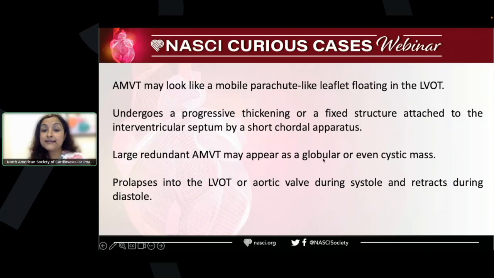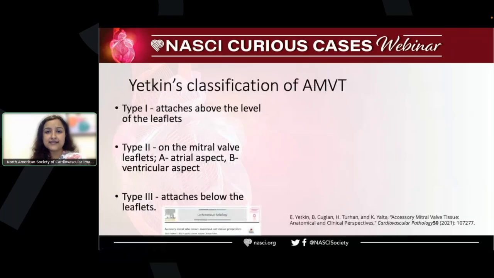It can appear as a globular or cystic mass if it becomes too redundant and enlarged. In those cases, it can be very difficult to differentiate this from a blood cyst, and it prolapses into the left ventricular outflow tract or aortic valve during systole and retracts during diastole. So it can be really mobile.